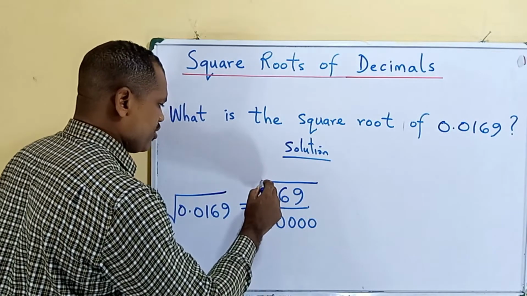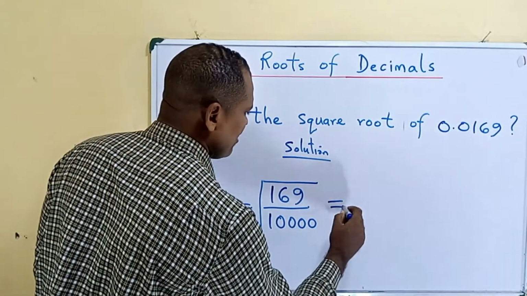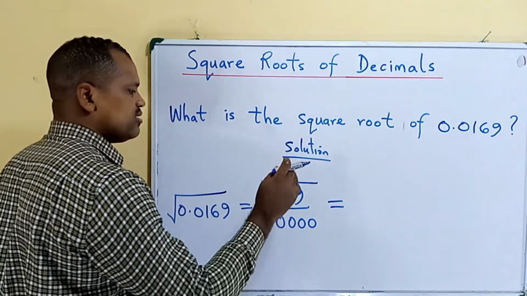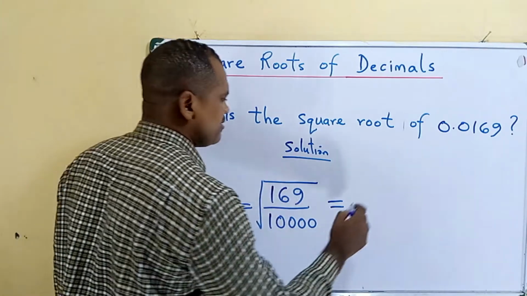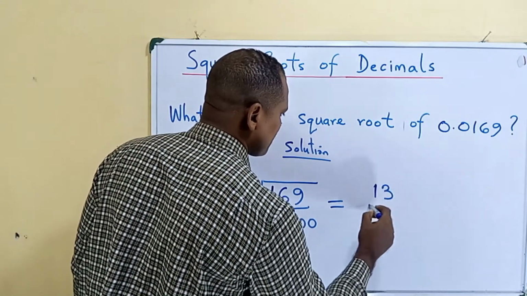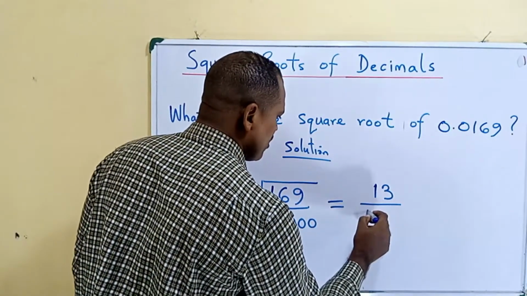Don't forget your square roots. Now you can go ahead and find the square root of both the numerator and the denominator. The square root of 169 is 13. And the square root of 10,000 is 100.